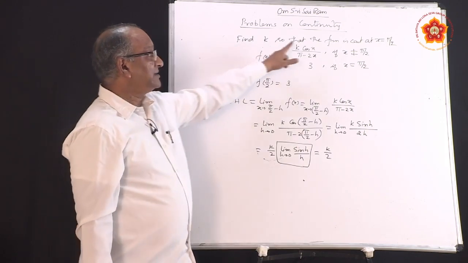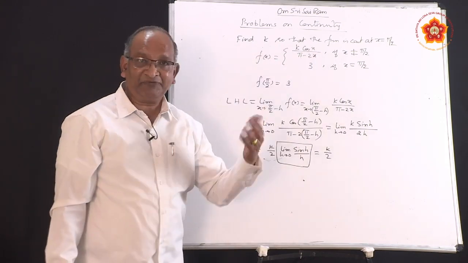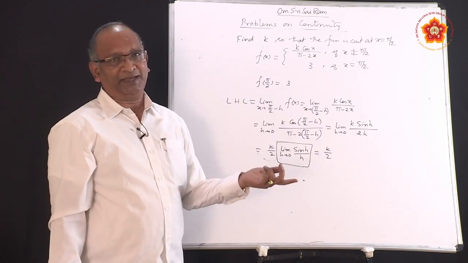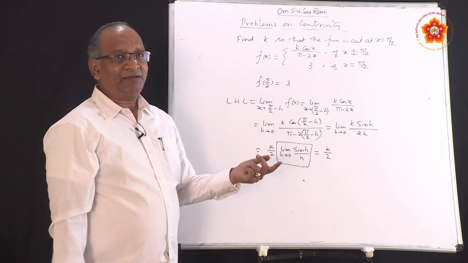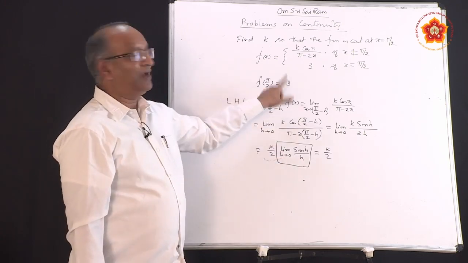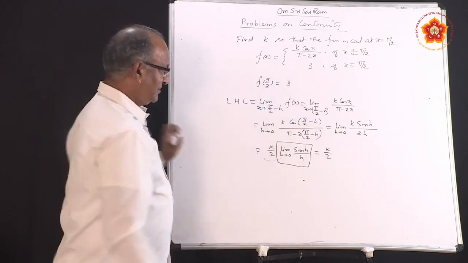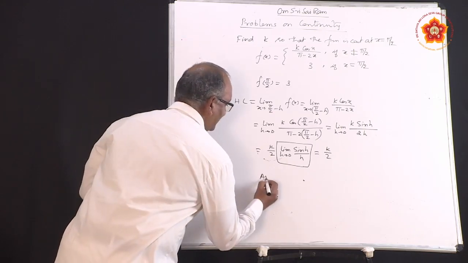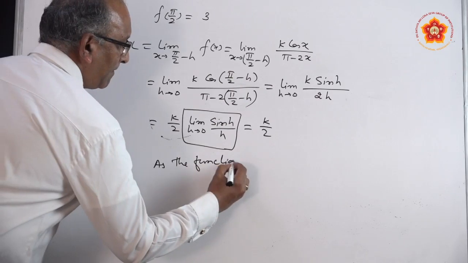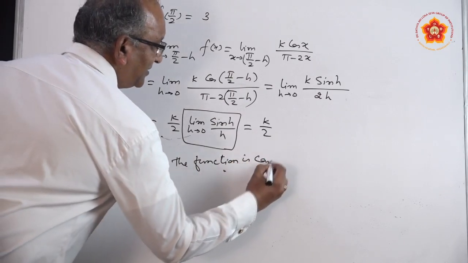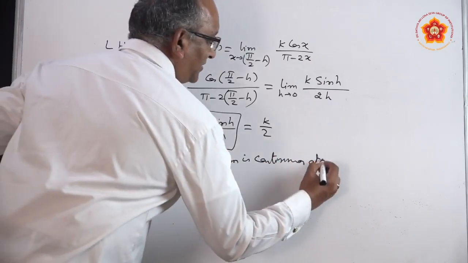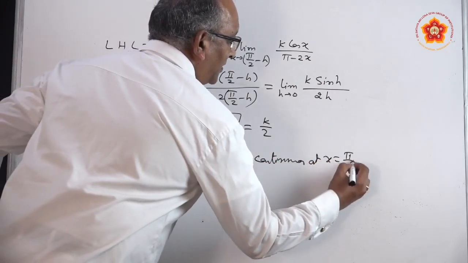It is given that the function is already continuous. So even if you find the right hand limit, it is going to be k by 2 only. And since it is continuous, this limit is equal to the value of the function, as the function is continuous at x equal to pi by 2.